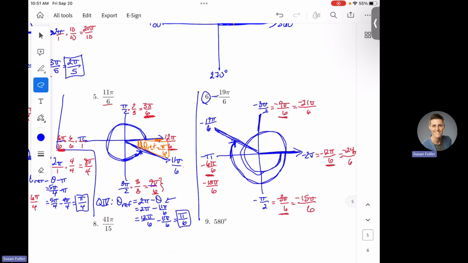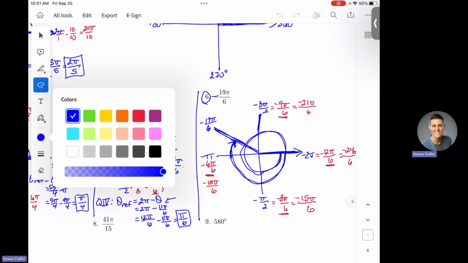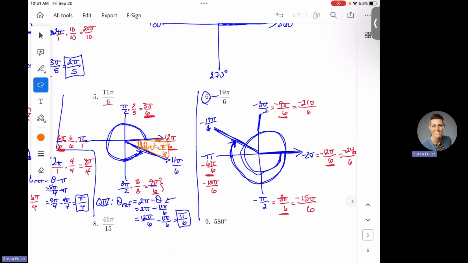Whew. Okay, so now that we are graphed in standard position, let's find our reference angle. Again, my terminal side is right here. So what's the smallest angle between my terminal side and the x-axis here? Yep, it's going to be this angle right here. That is my reference angle.